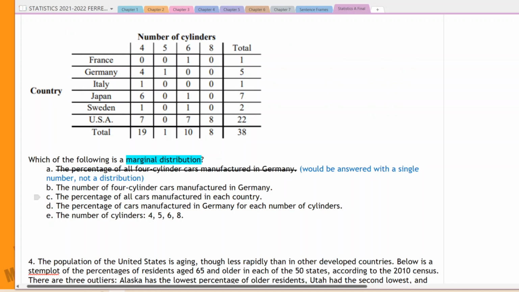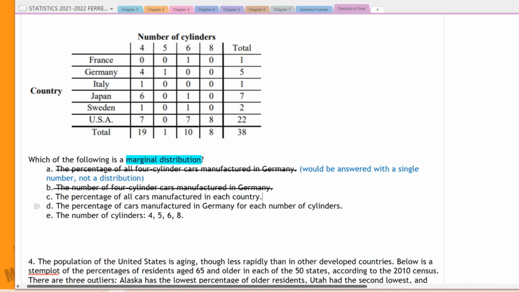Since it would be answered with a single number and not a distribution, not a bunch of different numbers for each category, that would definitely not be a marginal distribution. The same is true about letter B, the number of four-cylinder cars manufactured in Germany. That's just a single number, so that's not correct.